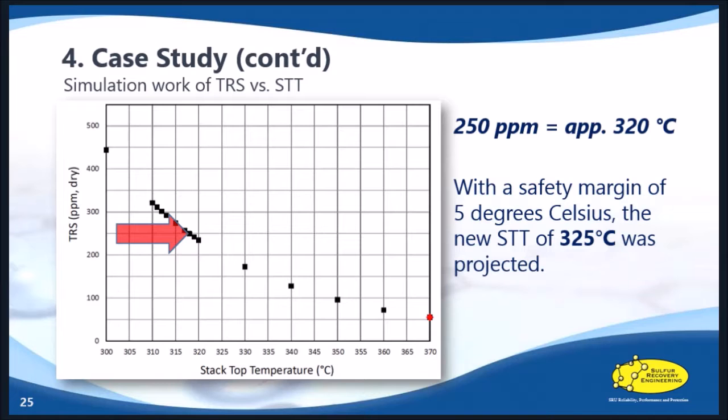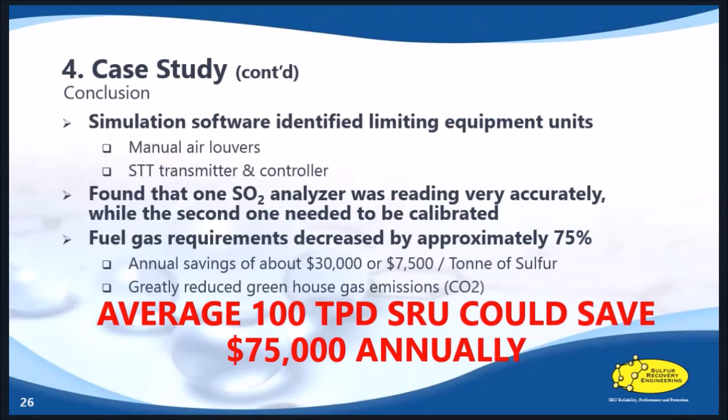So this is our set point for further study on the plume dispersion model. The simulation software identified the limiting equipment units, such as manual air louvers, and there were 2 transmitters available at the stack. However, one transmitter wasn't reporting accurately.